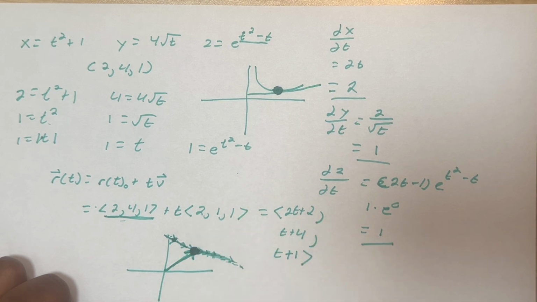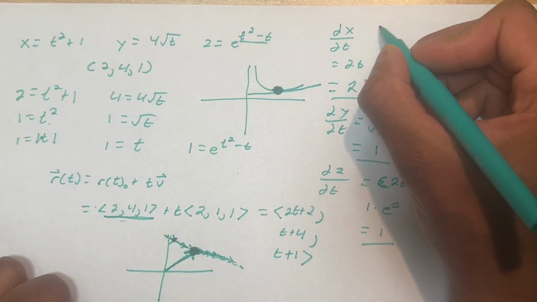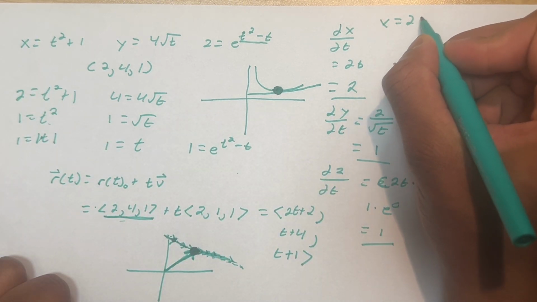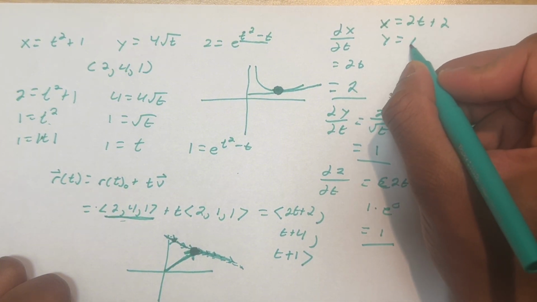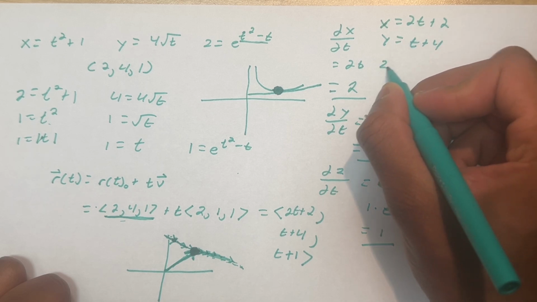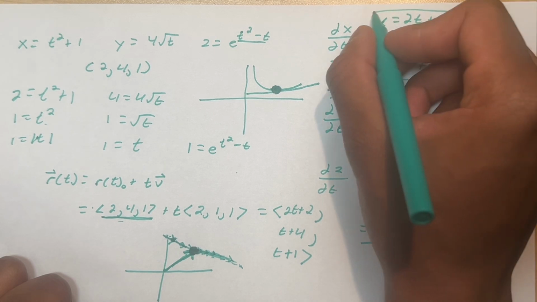If we want to write it in the format up here, we have x equals 2t plus 2, y equals t plus 4, z equals t plus 1. There we go.